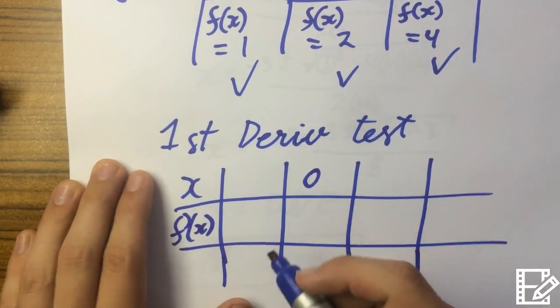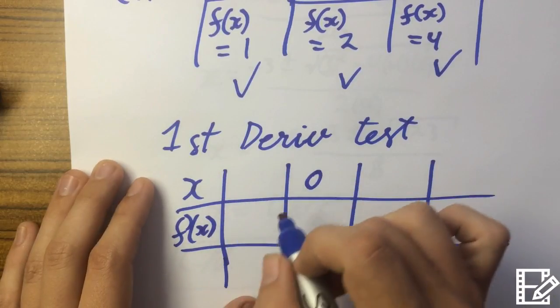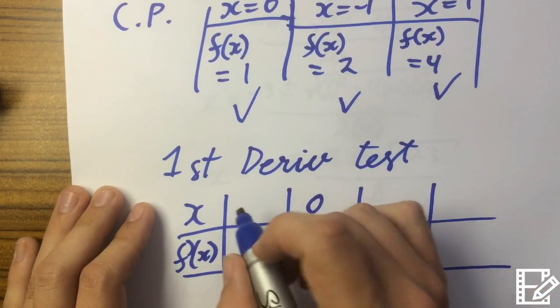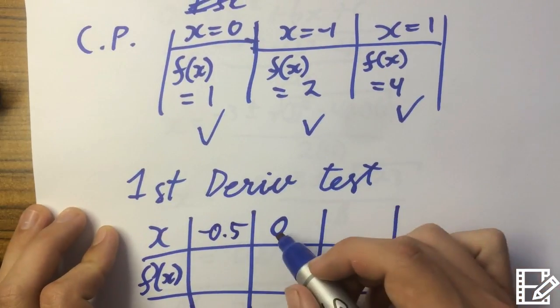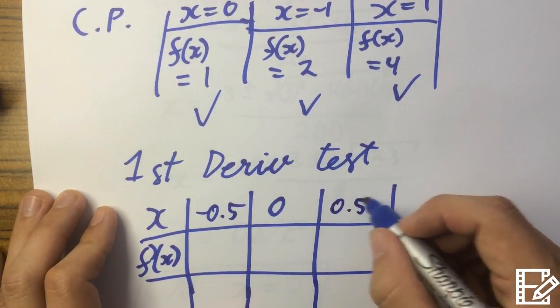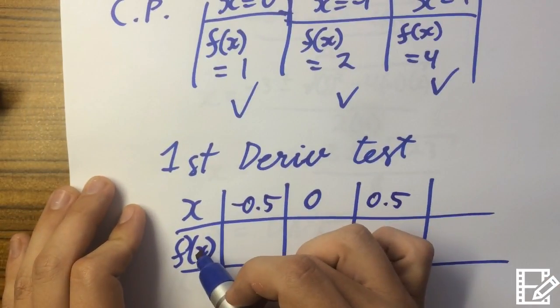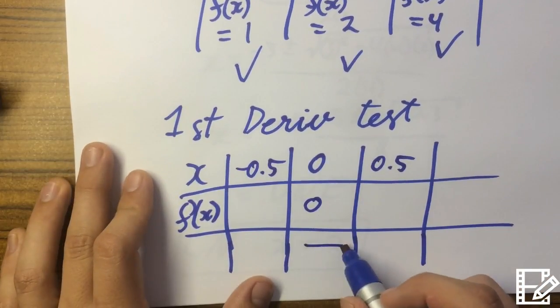Anyway, so here we're going to pick a number in between -1 and 0, which will be -0.5. And on this side, we've got to pick a number between 0 and +1. So we'll pick 0.5. If we sub 0 back into the derivative, we'll get 0, which means it has 0 gradient.